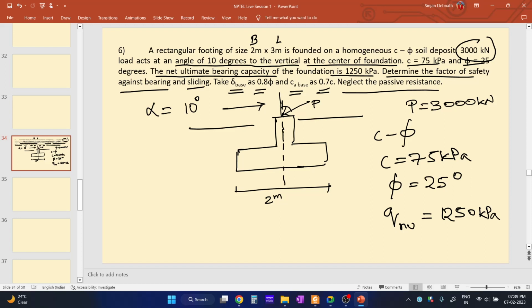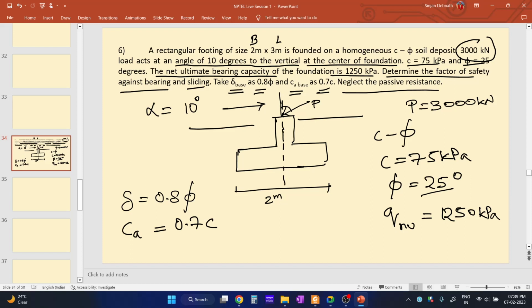Okay, the friction between the base of the foundation and the soil is taken as 0.8 phi. What is phi? Phi is 25 degrees. And the adhesion between the base and the soil is 0.7 C. Neglect the passive resistance.